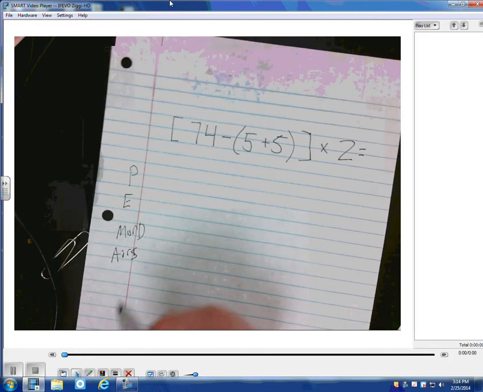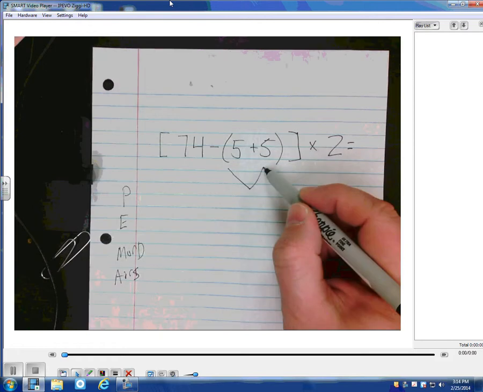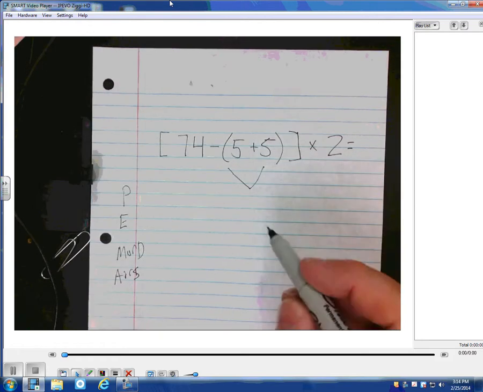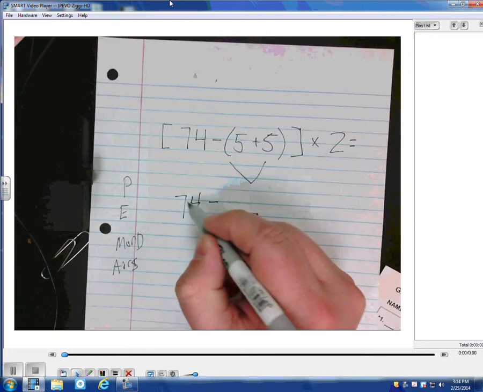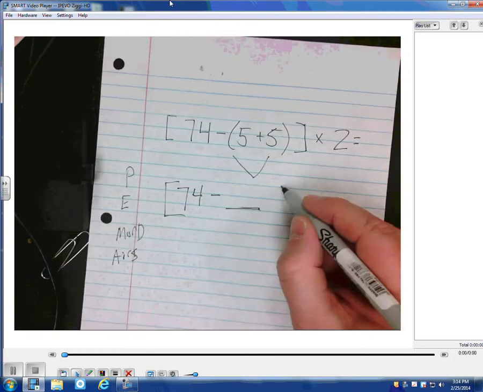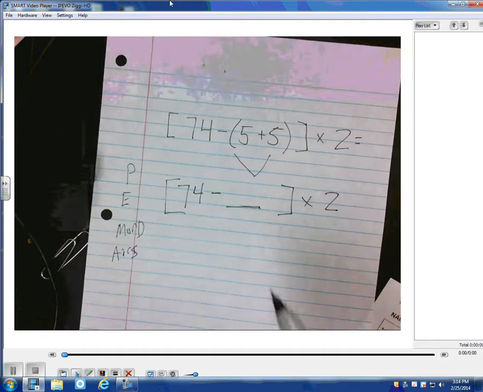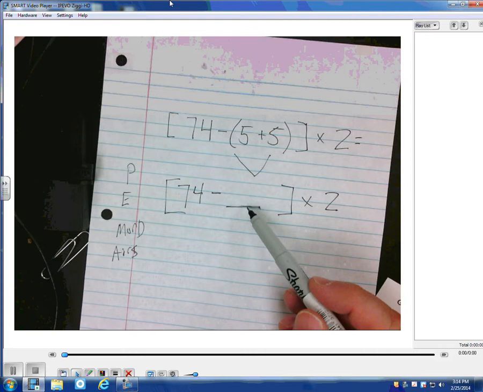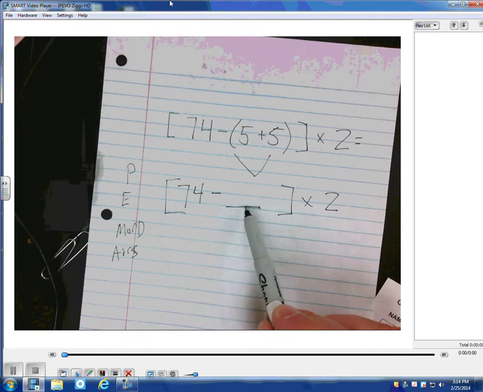So in this one, since we have parentheses first, you're going to do this problem first, 5 plus 5. Once you get that answer, you will then rewrite the problem. Once you figure out what 5 plus 5 is, you'll put it there.